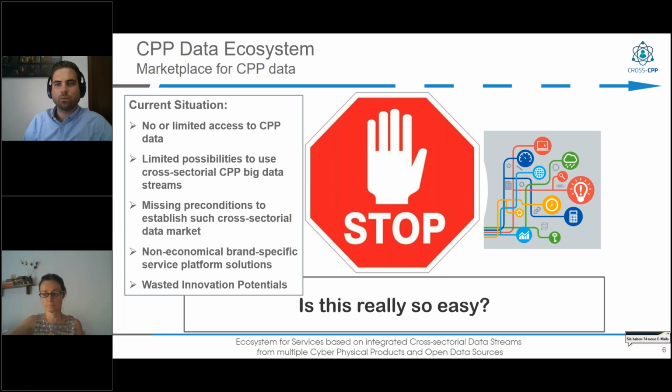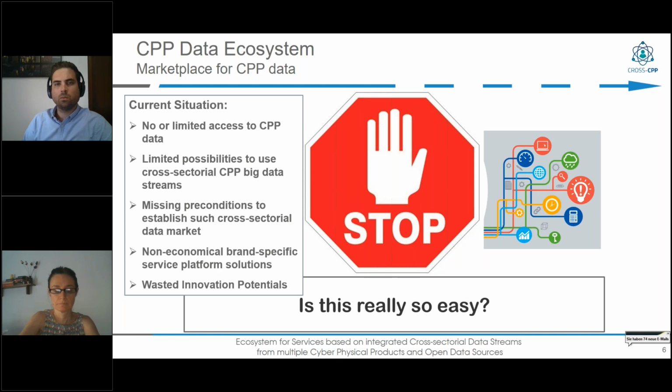On the other side, it's also very problematic for service providers that the different solutions are mostly proprietary, OEM-specific solutions, which come with a lot of different data formats and different interfaces.